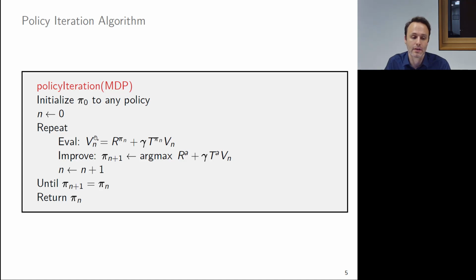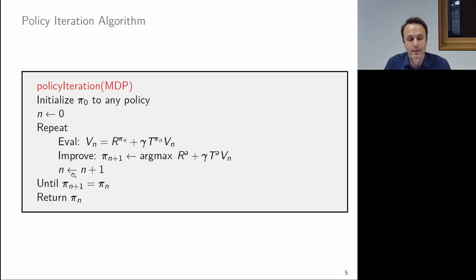By doing these analytical calculations, we get a value function for each state given that policy, and then we do an improvement step where we take that value Vn and see whether we can do better and change our policy in the next period.